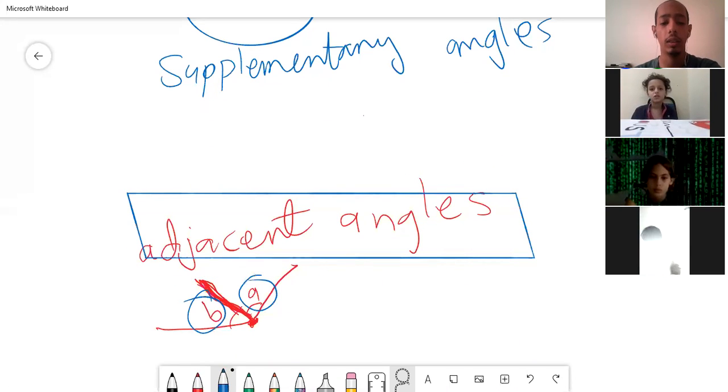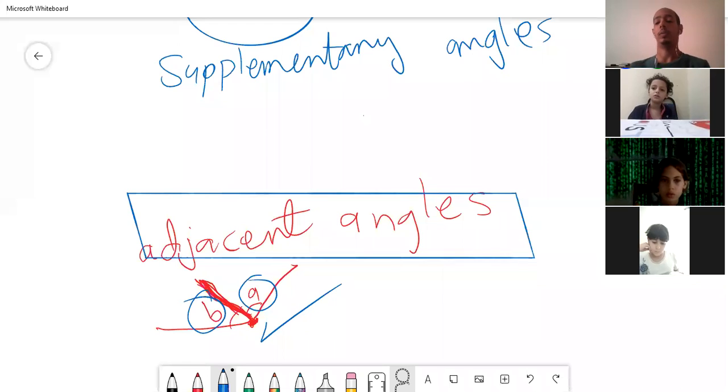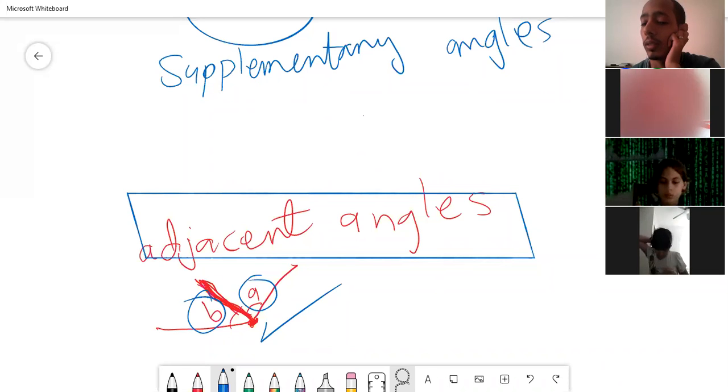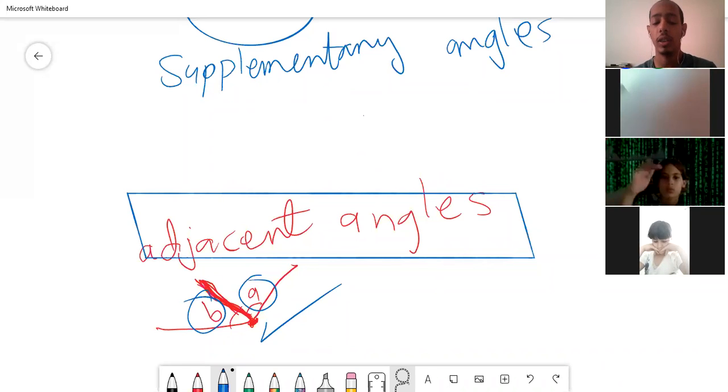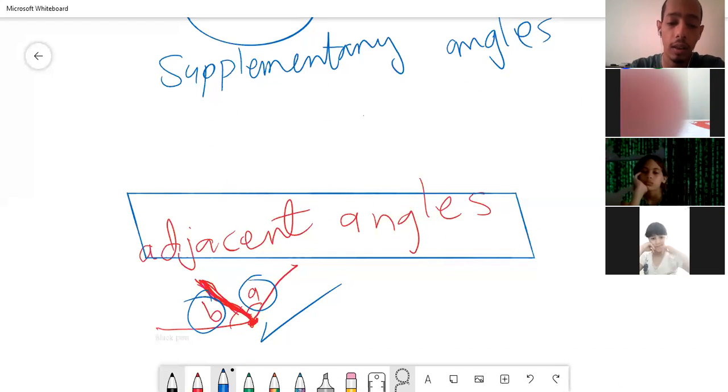Do we say these angles are supplementary angles? Are they supplementary angles or not? No. Why? Because they are adjacent angles, not supplementary angles. Hanin, are these supplementary angles?